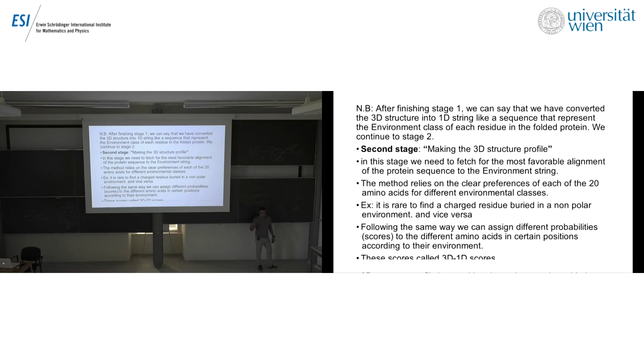There are some amino acids that are polar, some that are non-polar, okay? Some of them are charged, some are not charged, you know, everyone prefers something. So we make a table for each position of the 3D structure, okay? Say we have about 3,000 positions in the 3D structure.